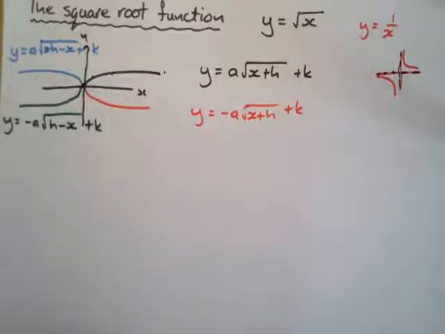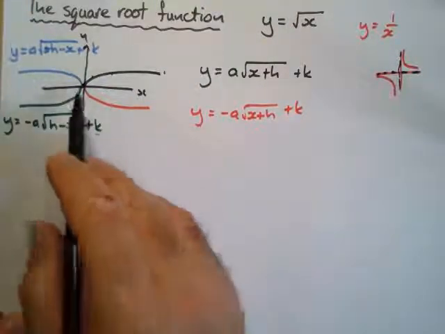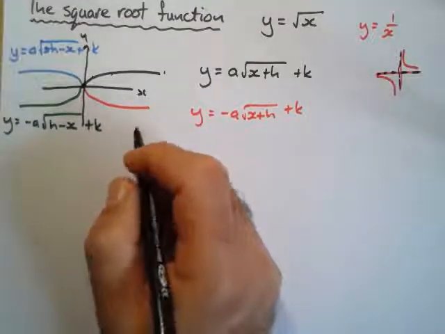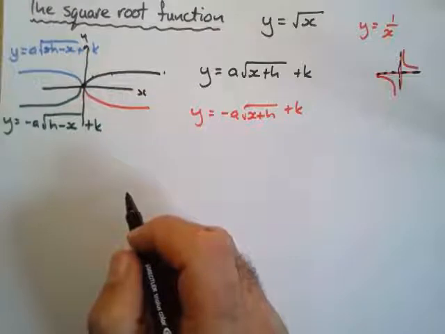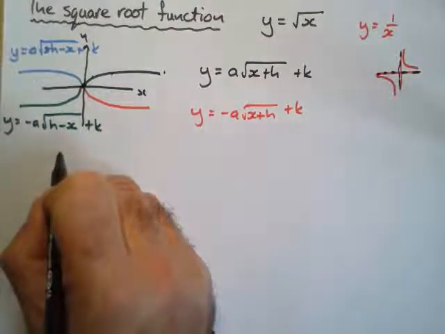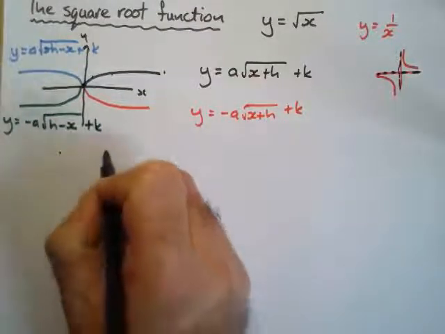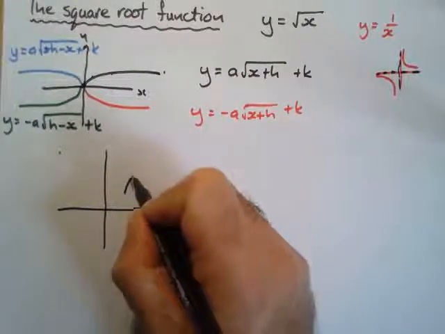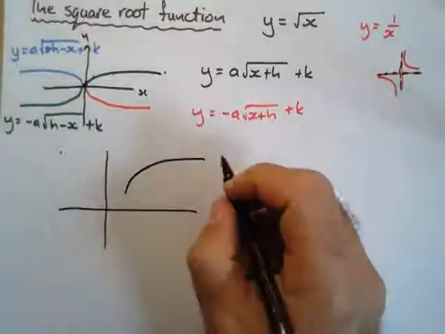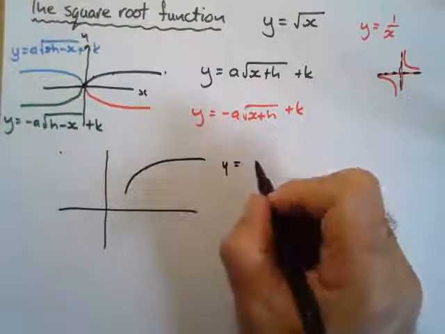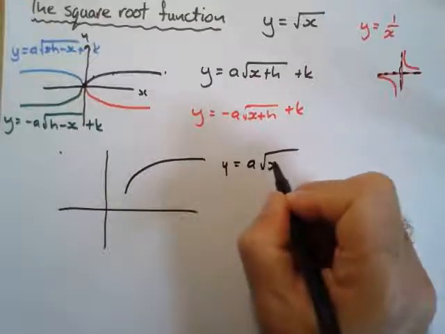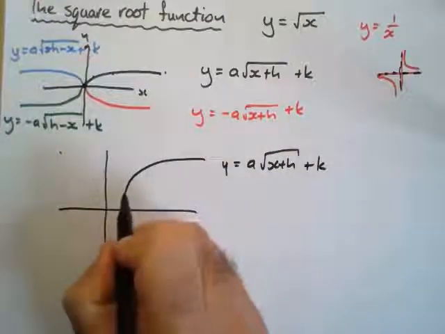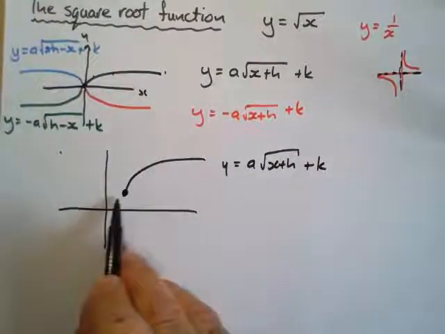So for the general value, this point will change, and I'm just going to redraw it and try and say what we have. We have two things, y equals, it can be over there, and that will be y equals a square root of x plus h plus k, and this point will be how much I move.